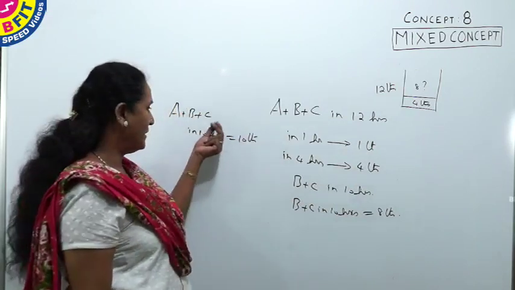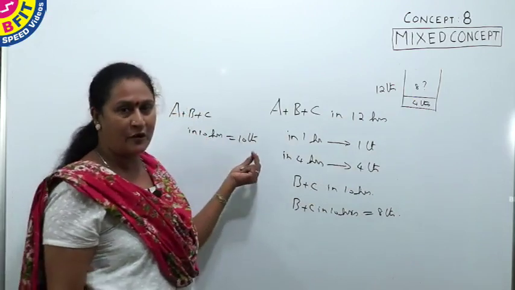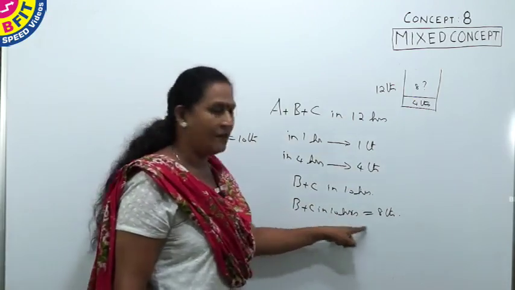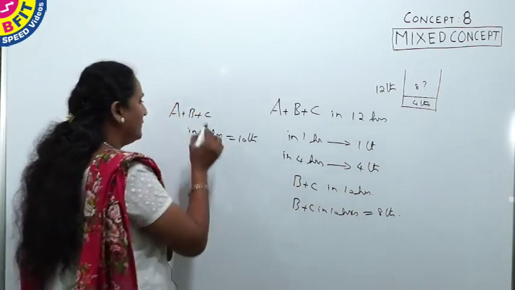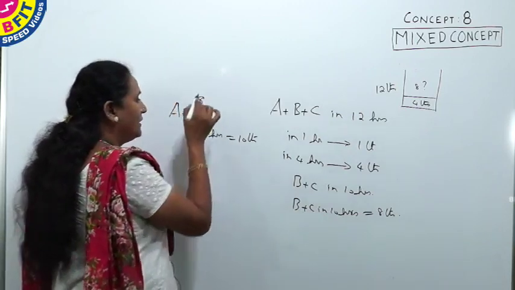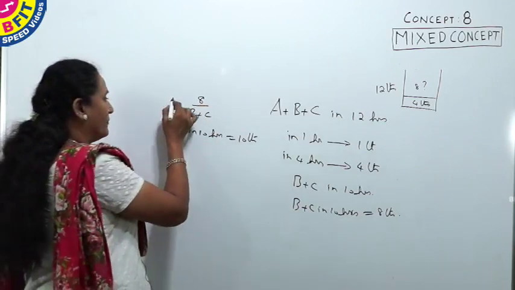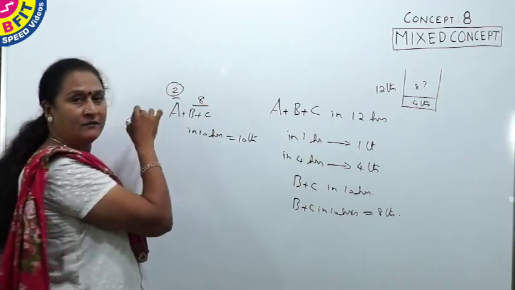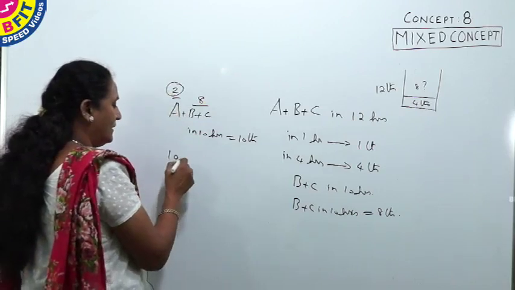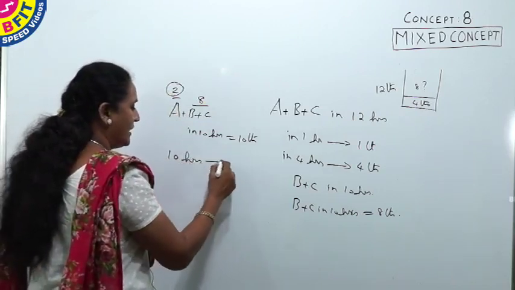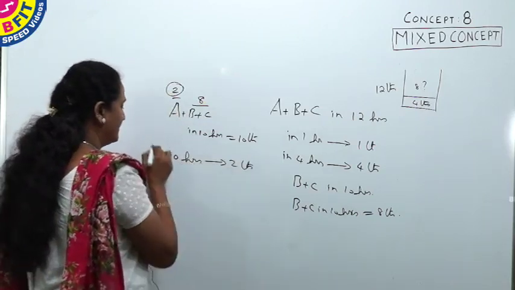So A, B, C together in 10 hours pour 10 liters. B, C in 10 hours pour 8 liters. So when B and C have poured 8 liters, how much has A poured in 10 hours? We get 2 liters. So in 10 hours A has poured 2 liters.